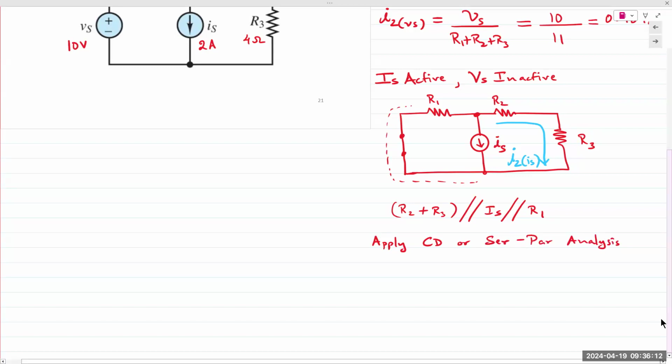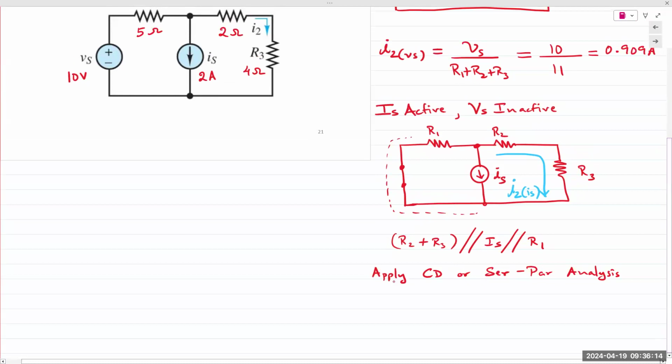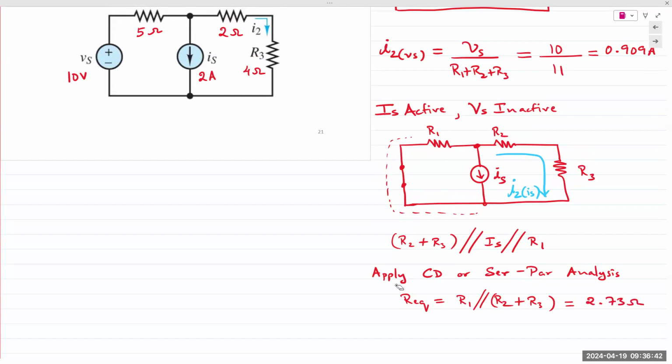So R2 plus R3, in this case, Req would be R1 parallel to R2 plus R3. That comes out to be, let's see, what does it come out to be? 5 in parallel with 6. So it comes out to be 2.73 ohms.